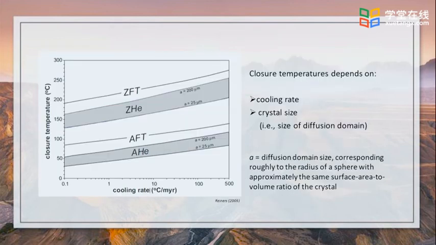The variation of closure temperature with grain size and cooling rate is shown in this figure. The closure temperature of the helium system depends on a variety of factors, including the cooling rate, crystal size, and what minerals you are interested in as well.